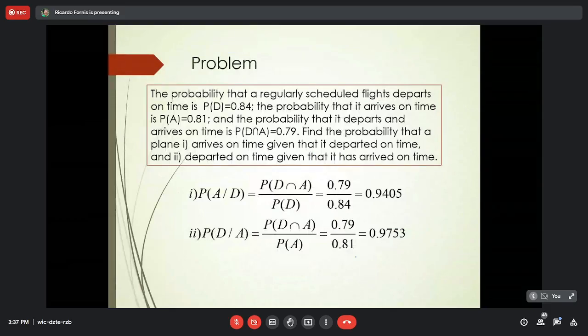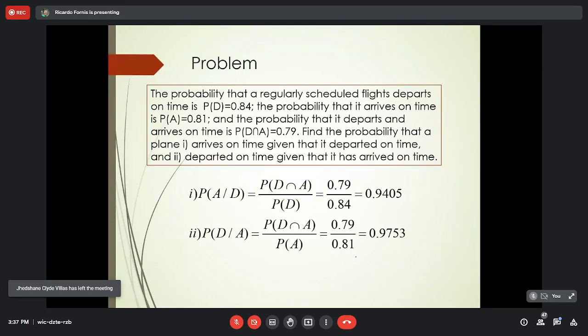Here is a problem of conditional probability. The probability that a regularly scheduled flight departs on time is 0.84. So that is the probability that the flight departs on time. The probability that it arrives on time is 0.81.